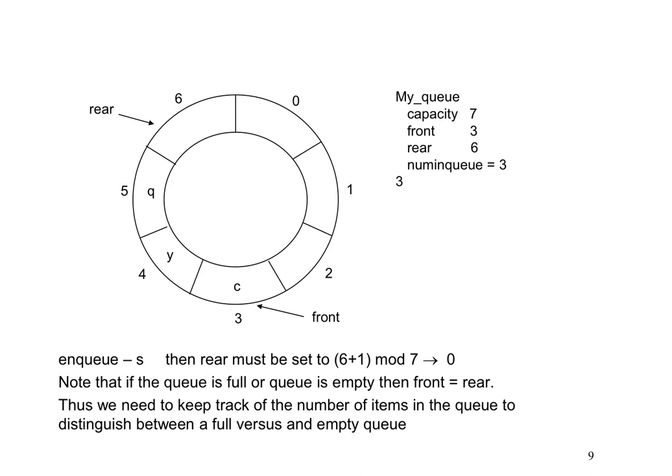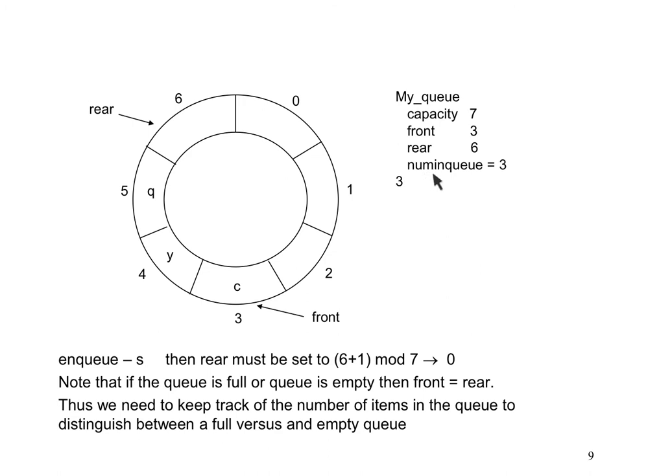So that's the basic idea. I encourage you, students in my class, when you implement this, there are lots of different ways to do this, but I think the simplest way to understand what's going on is to have front point to the next element that's going to come off the queue, and rear point to the next position where you're going to put an element into the queue.